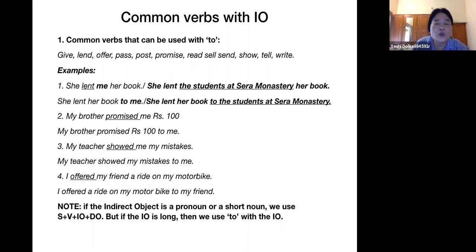My teacher showed me my mistakes. My teacher showed my mistakes to me. And then number 4, I offered my friend a ride on my motorbike.